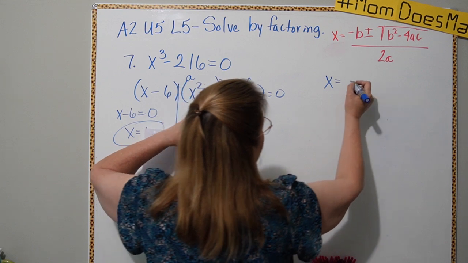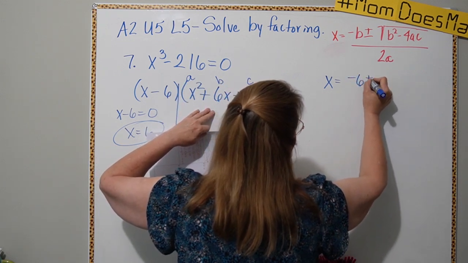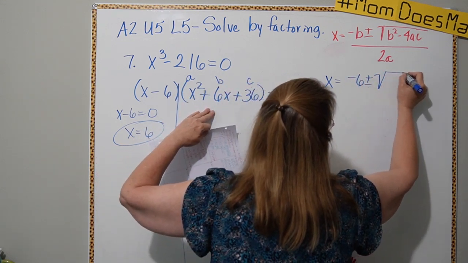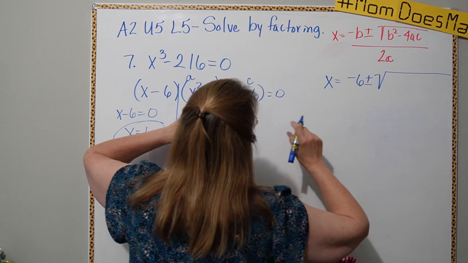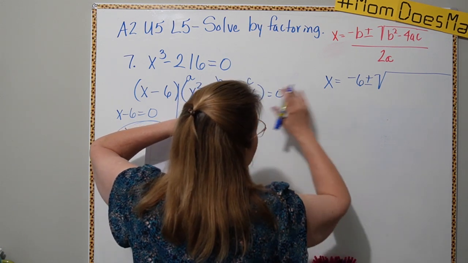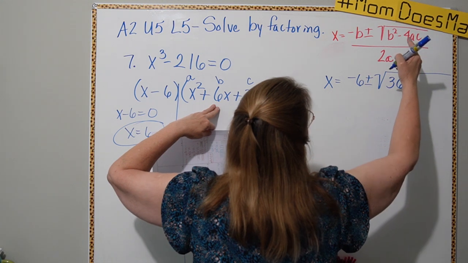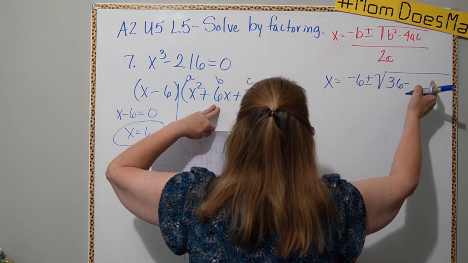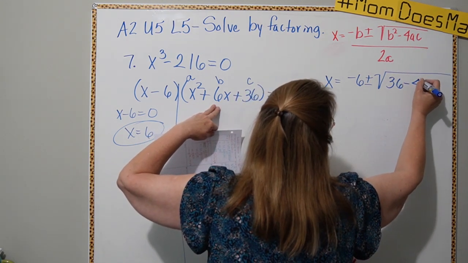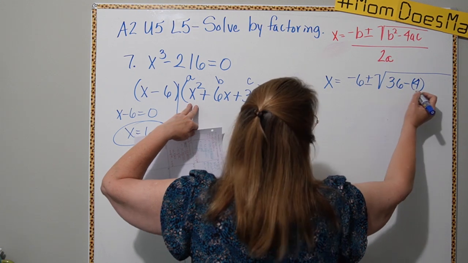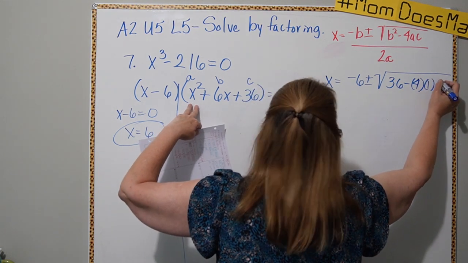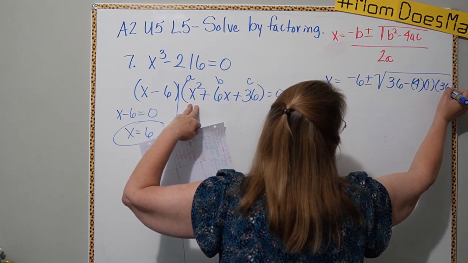So B is 6. I'm going to have negative 6 plus or minus the square root of B squared, 6 squared is going to be 36, minus 4 times A times C. Well, that's going to be 4 times, A is 1 and C is 36.